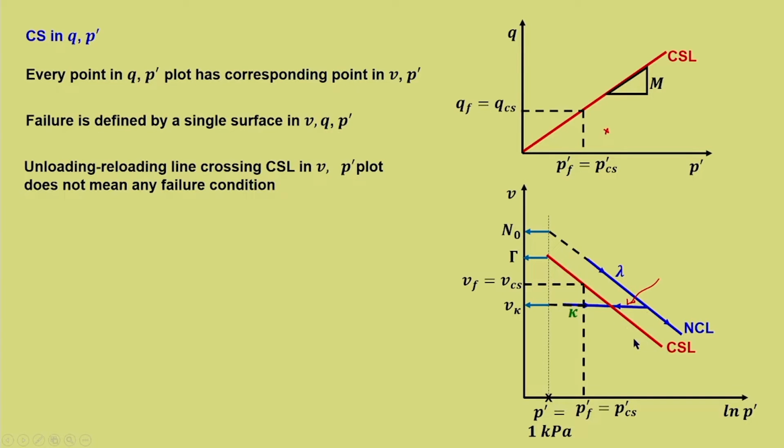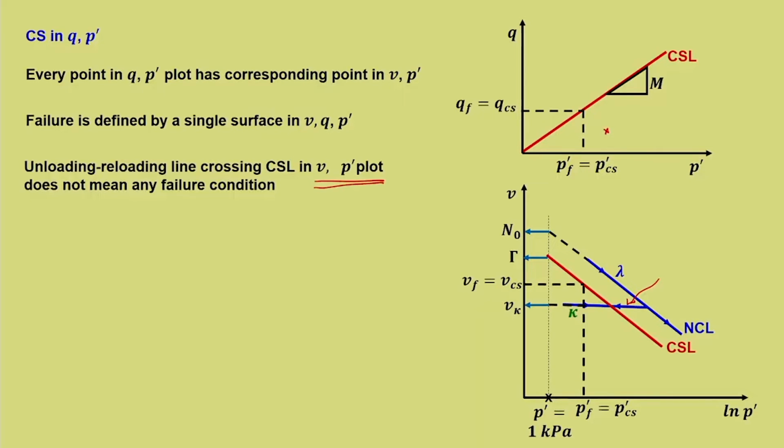Sometimes there is a misconception that since it is crossing the critical state line, the failure has already occurred. It is not true. The critical state line is only a relative position of the failure condition. The unloading reloading line only determines the stress history of the soil.